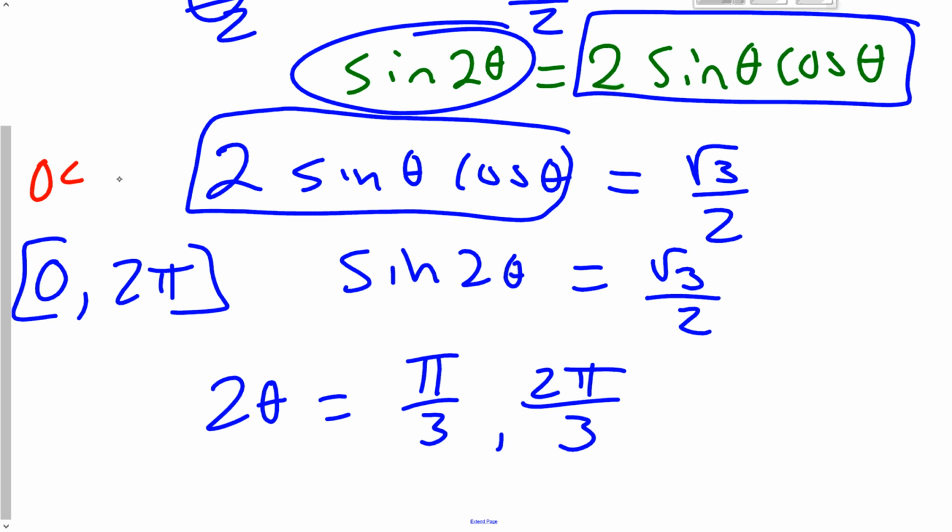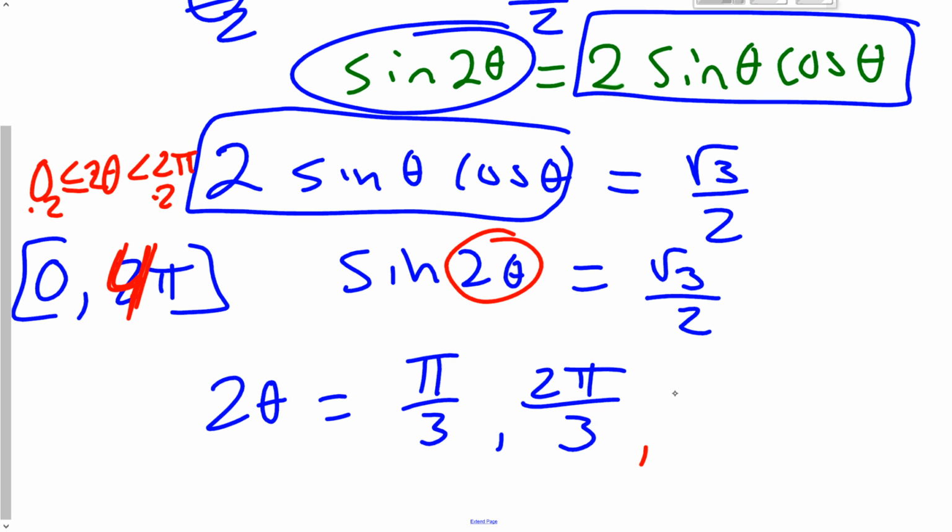So theta is between 0 and 2 pi. If I have 2 theta, multiplying by 2 would still give 0, and here I actually get 4 pi. So I'm going to look around 4 pi. If I add 2 pi to each one of these, then I would have all 4 of my answers.